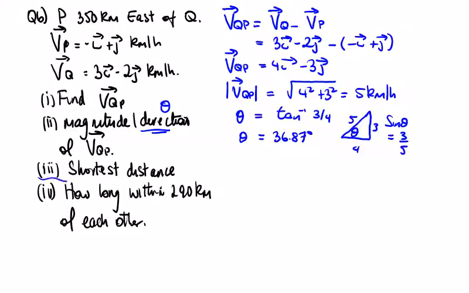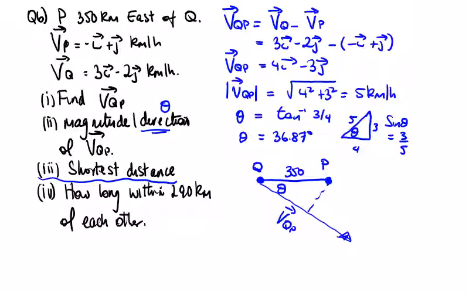So the shortest distance is number 3. When we do a little diagram, P is east of Q, and 4 minus 3, positive negative, is going down in this direction. So that's the velocity of Q relative to P, and they are 350 apart.